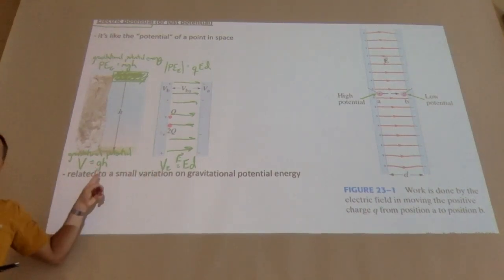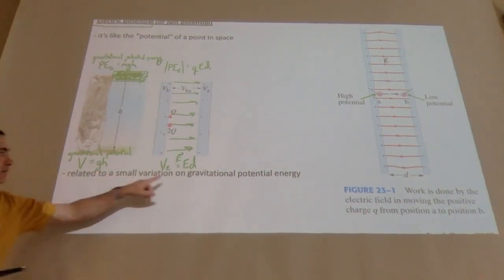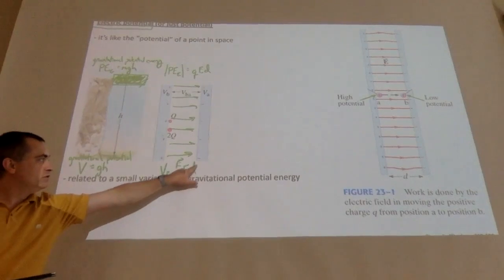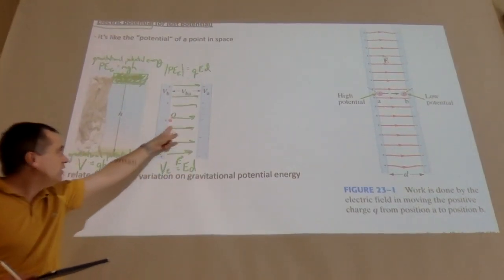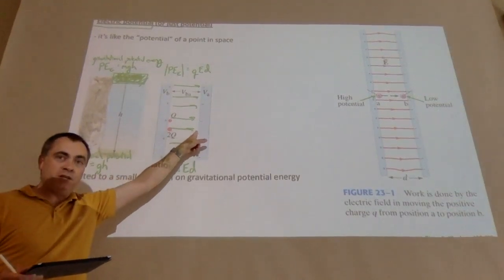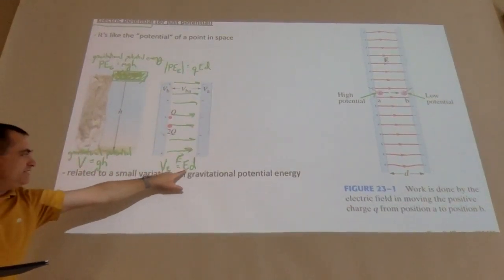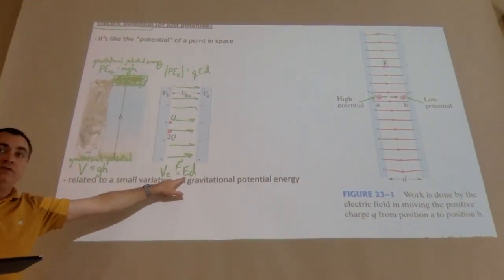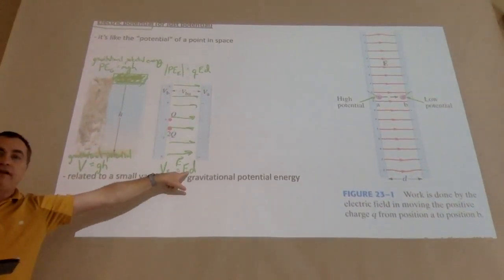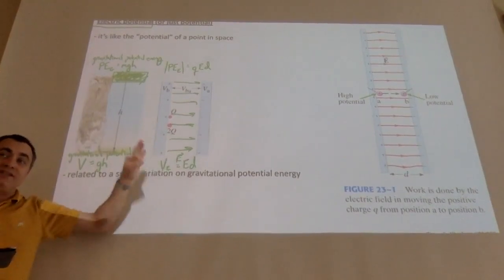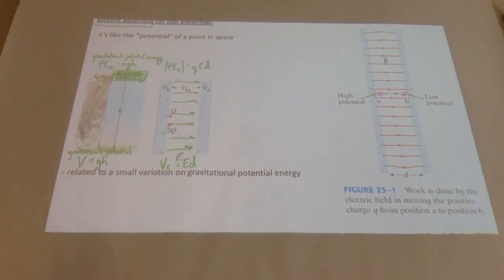These look an awful lot alike, right? Notice there's a certain location. It's a certain distance away from the farthest place it can move to, and it's inside an electric field. Here I had a gravitational field. Here I have an electric field. Those points in space have potential.